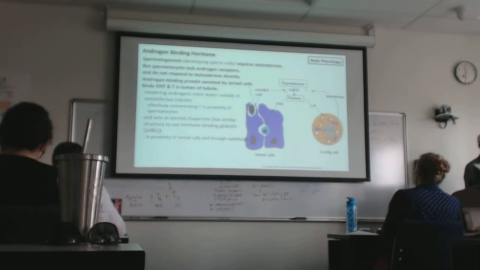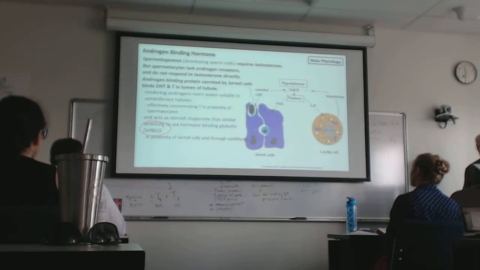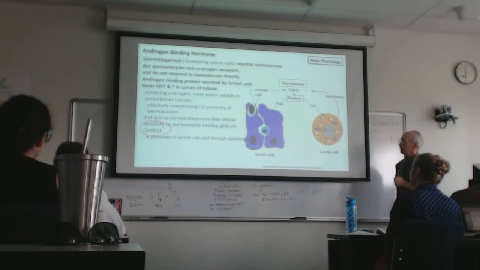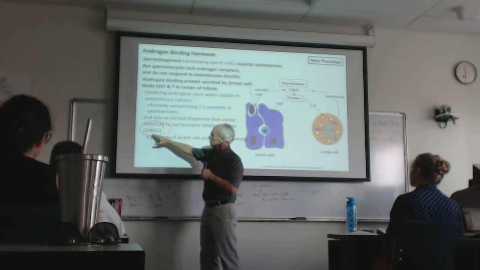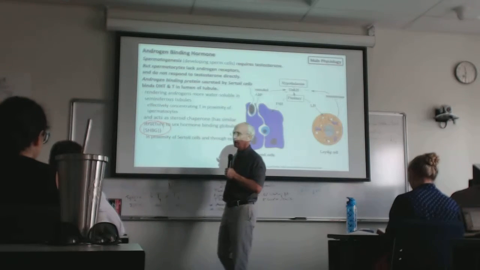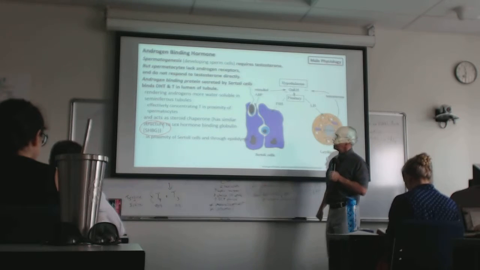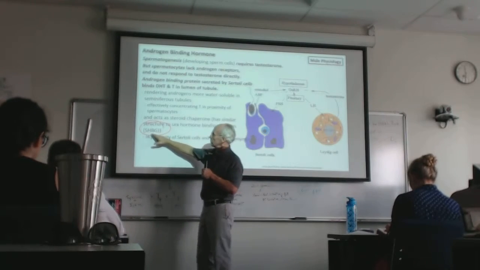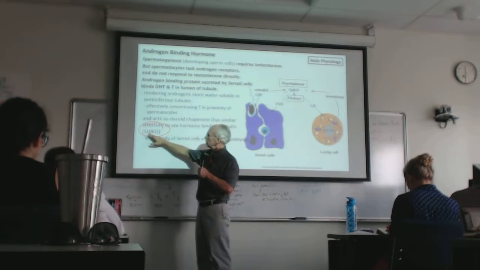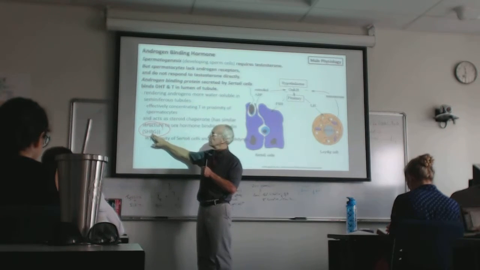So, I guess that's really what I've said in this slide. The only other thing I would point out is that structurally, ABP, as far as I know, may be identical to this molecule, SHBG. So H, you probably know what that stands for. Hormone. B is binding.